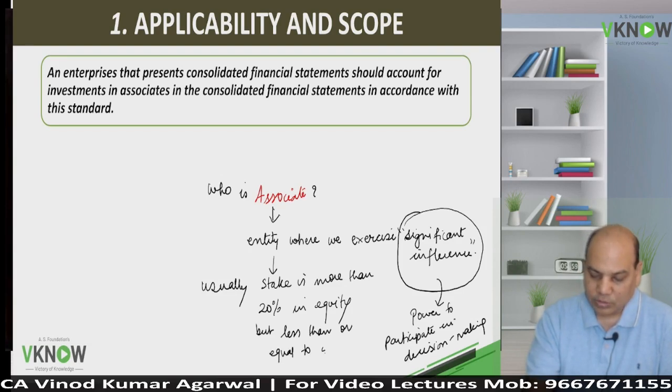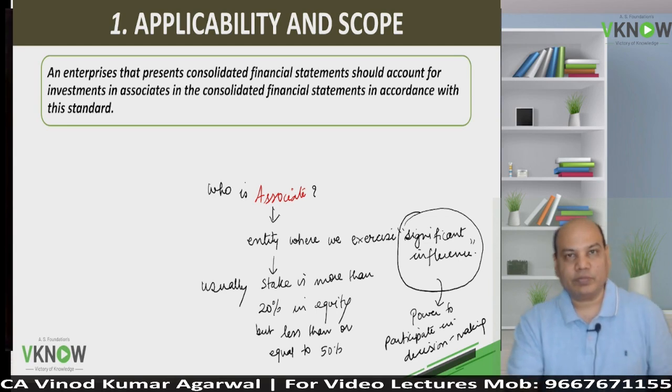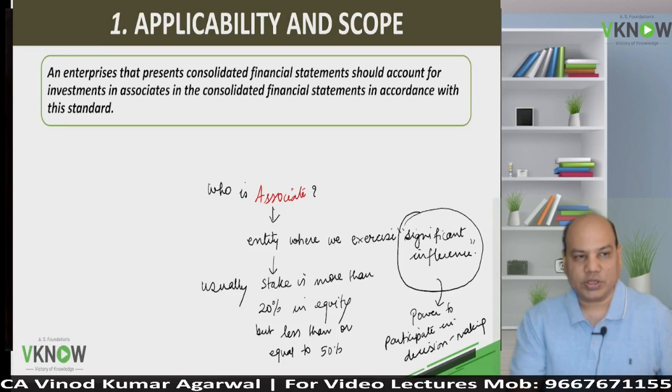Why it is not more than 50%? Because with more than 50%, it will become your subsidiary, and if it becomes your subsidiary, then accounting standard 21 consolidated financial statement would apply.